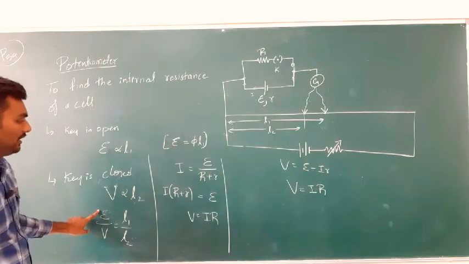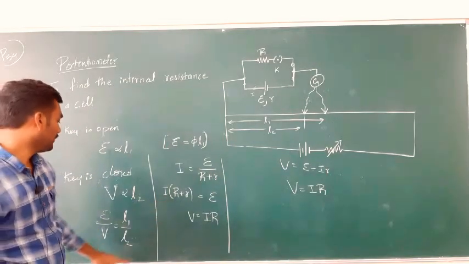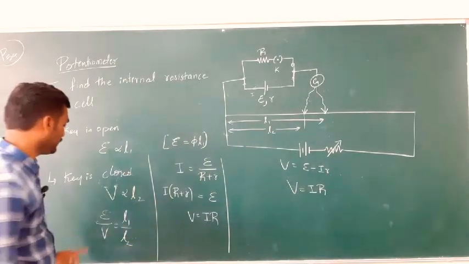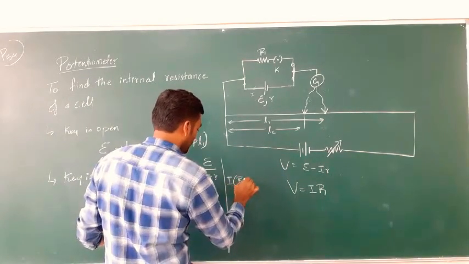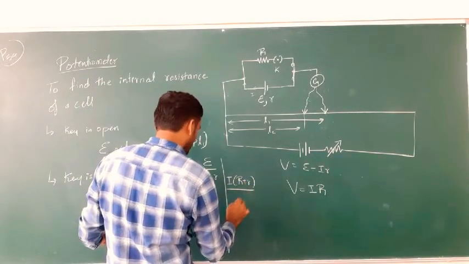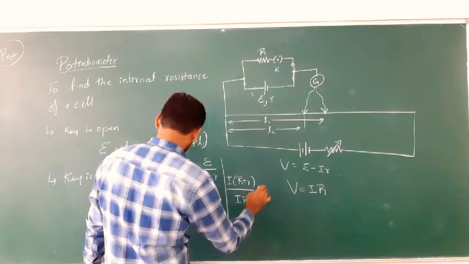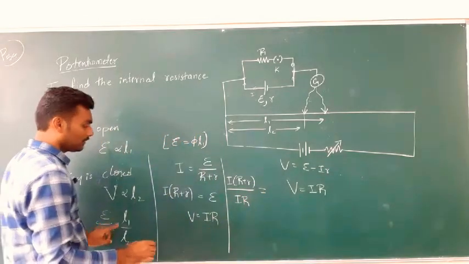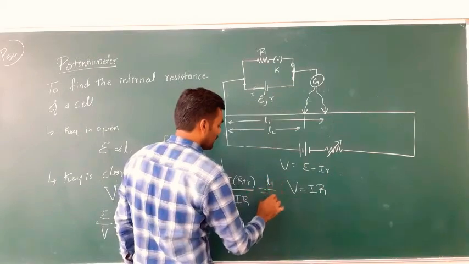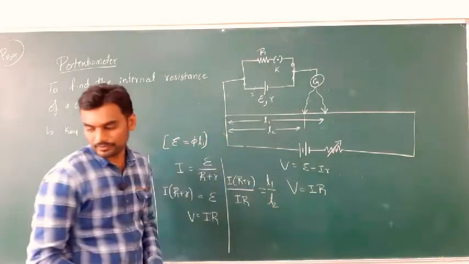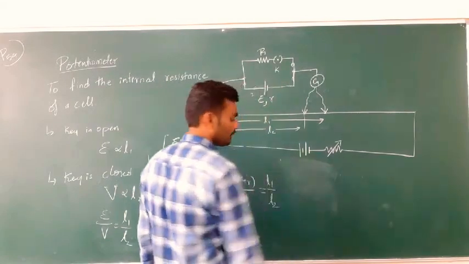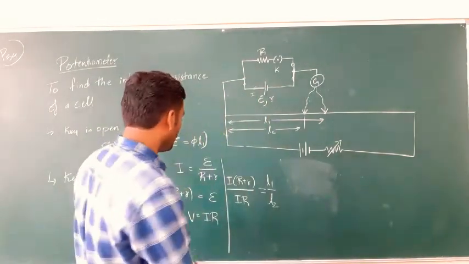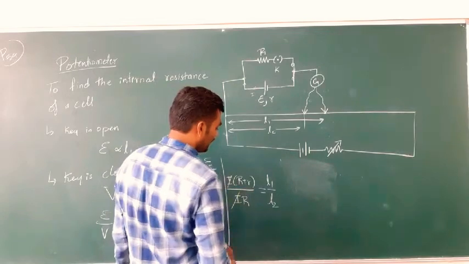Now replacing E by I of (R plus r) and V by IR, we will be left with I of (R plus r) divided by IR is equal to L1 by L2. So I and I cancel.